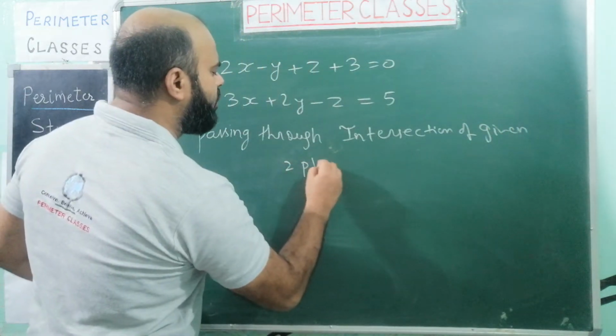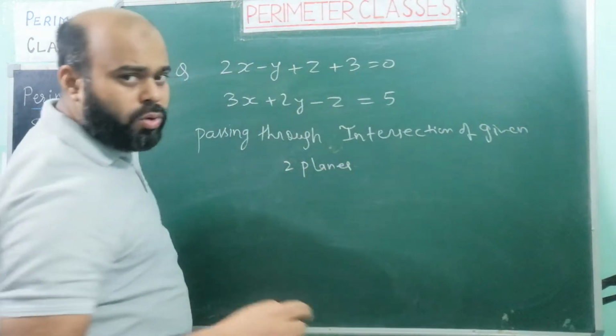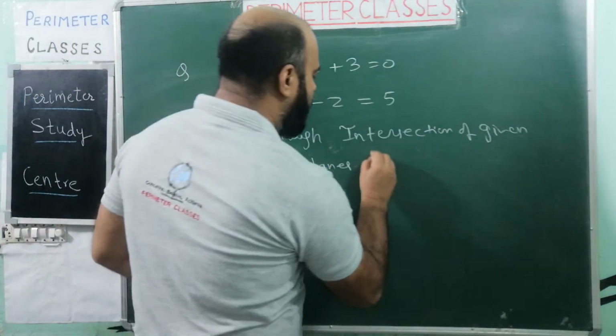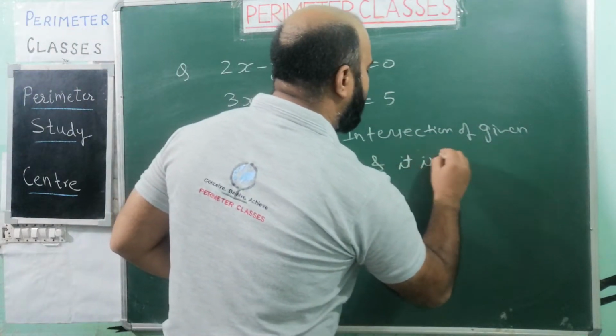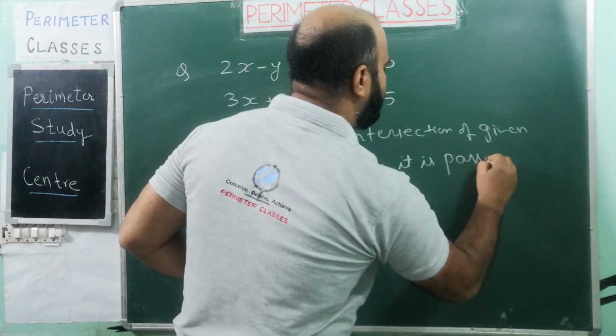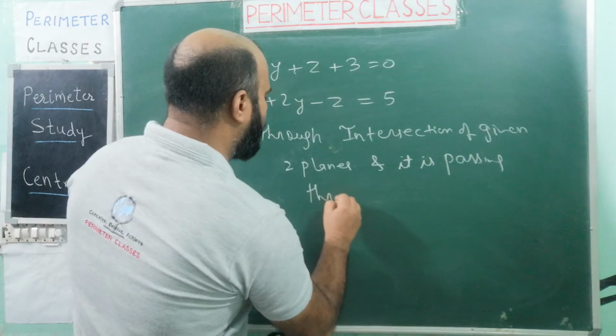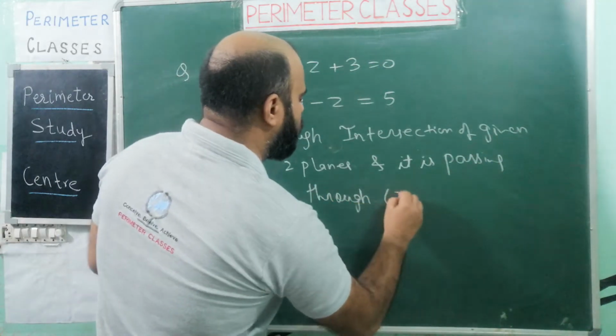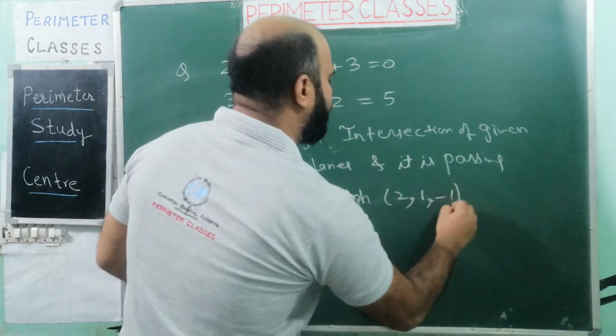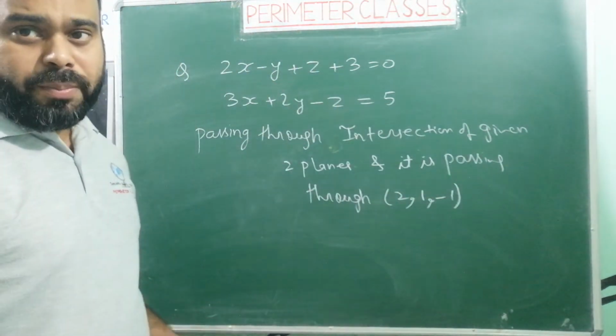It is also given that the plane is passing through a point, suppose 2 comma 1 comma minus 1. So can you find that particular plane?